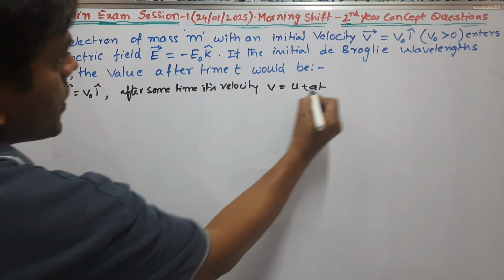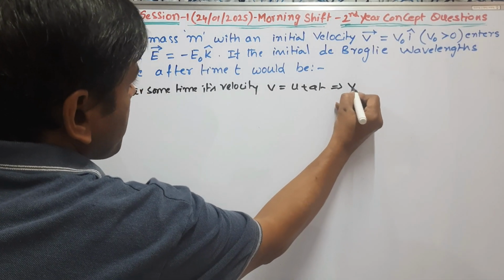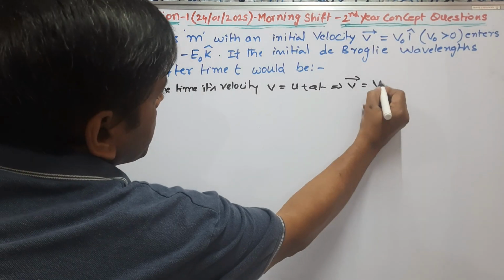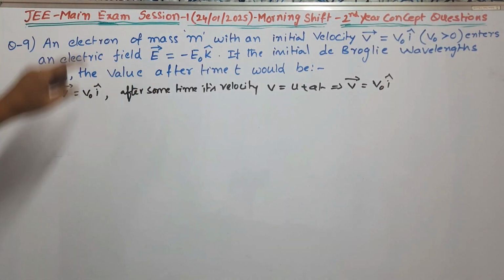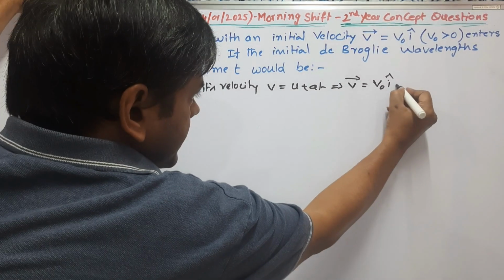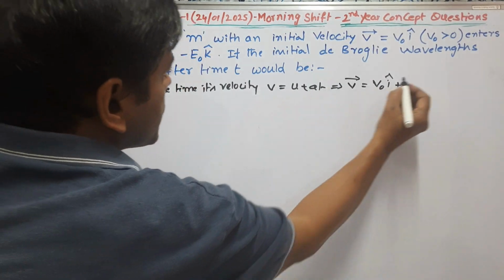That implies v bar is equal to the initial velocity, v naught into i cap, plus a into t.